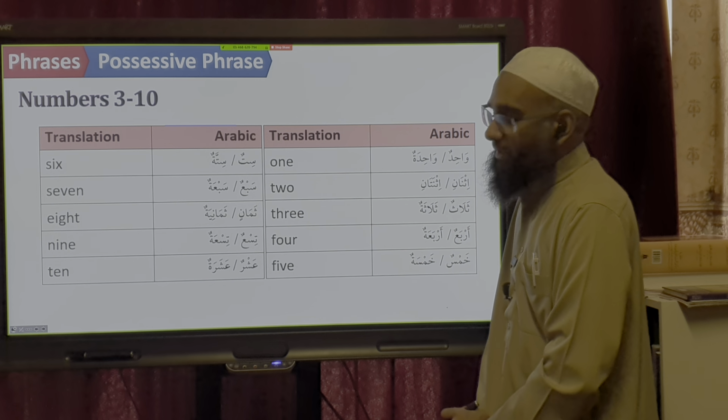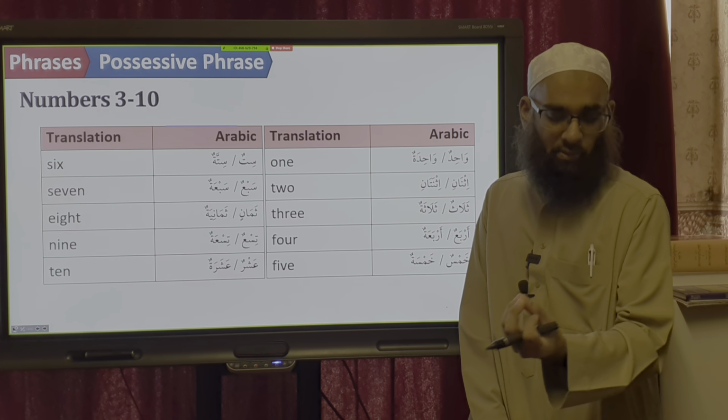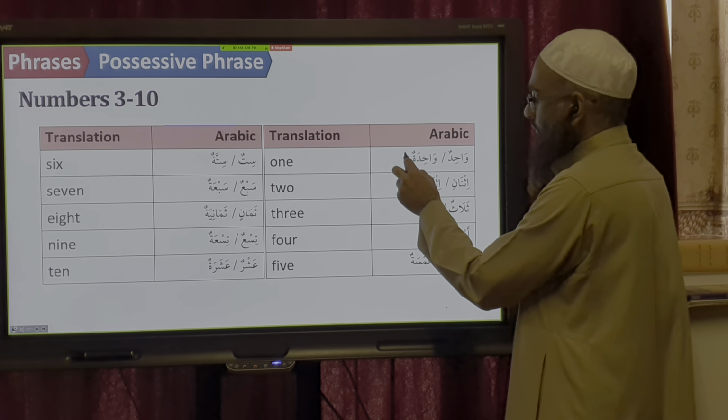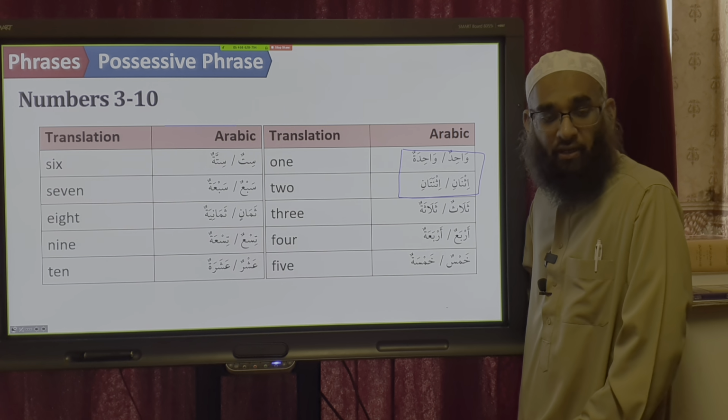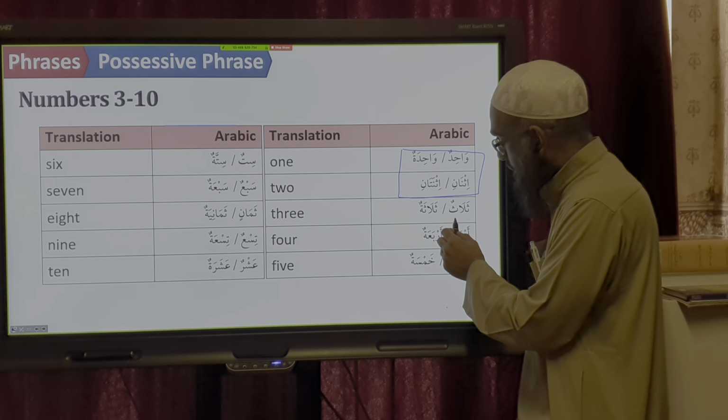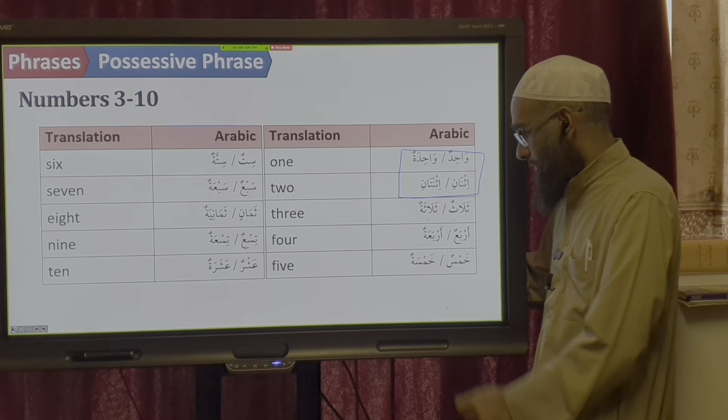Now, numbers 3 to 10. So wahid is 1, ithnan is 2. Before we go into the rules of 3 to 10, you may have done this before, and this is in the book. Just a quick recap of the numbers. You have to remember, these numbers all have masculine and feminine forms. So, thalathun, feminine thalathatun.